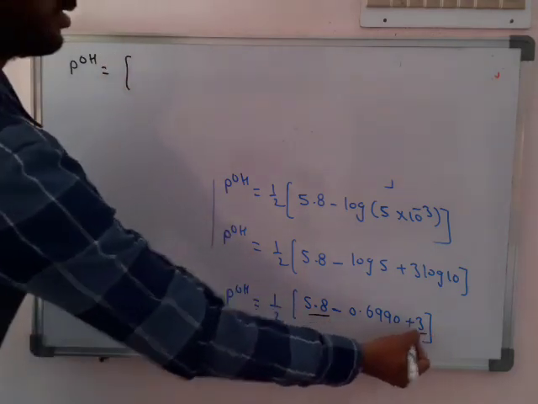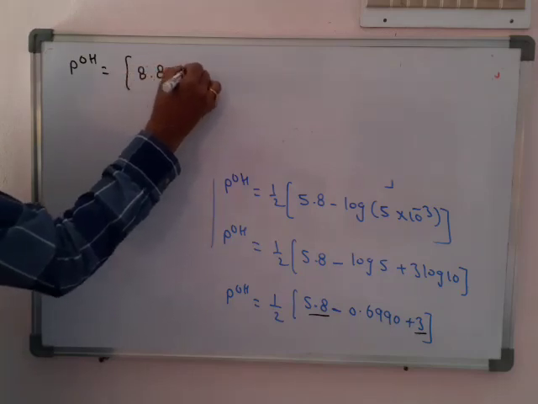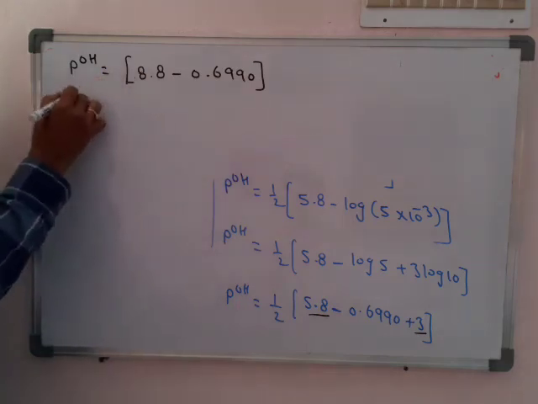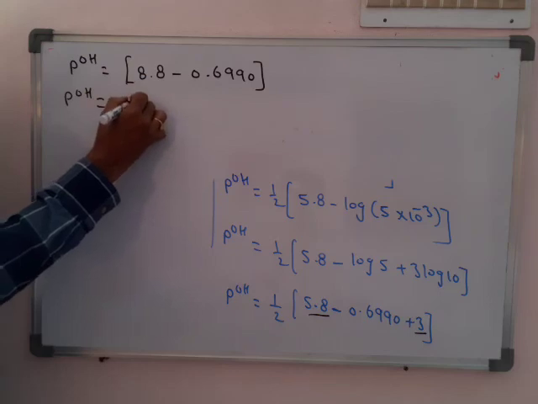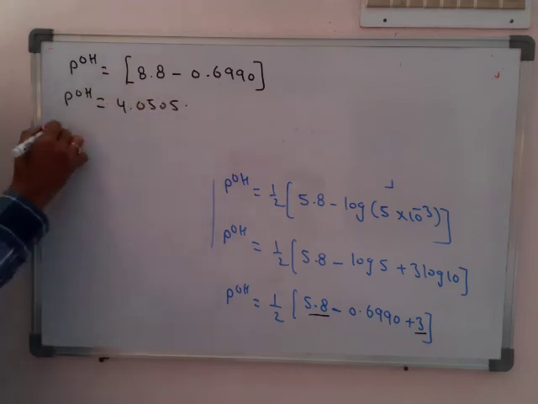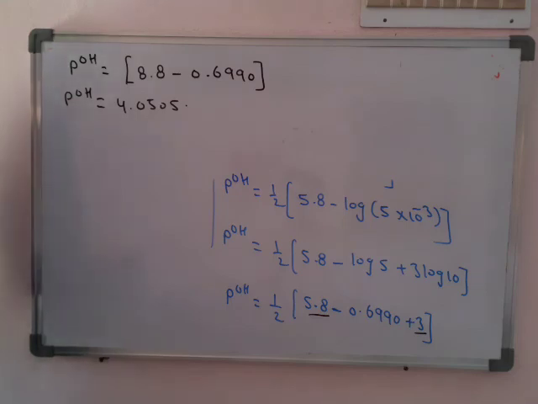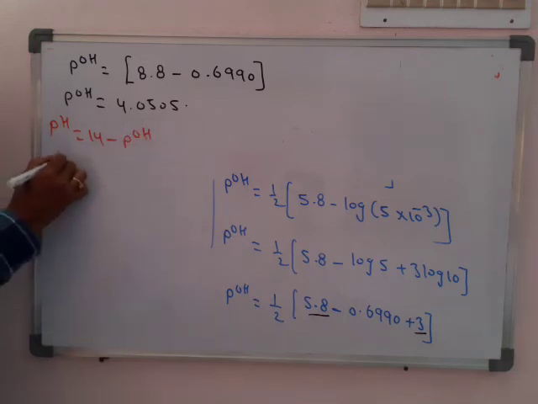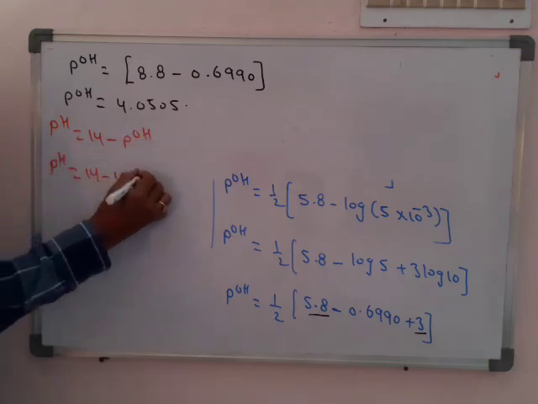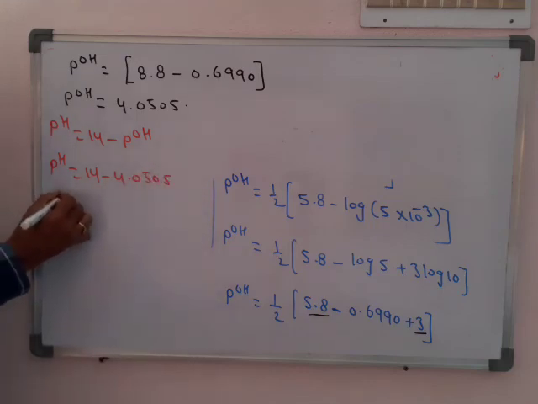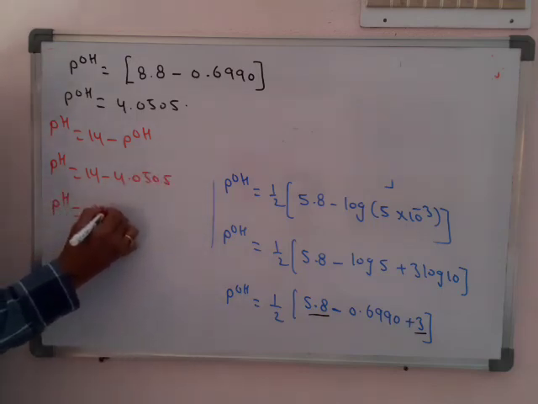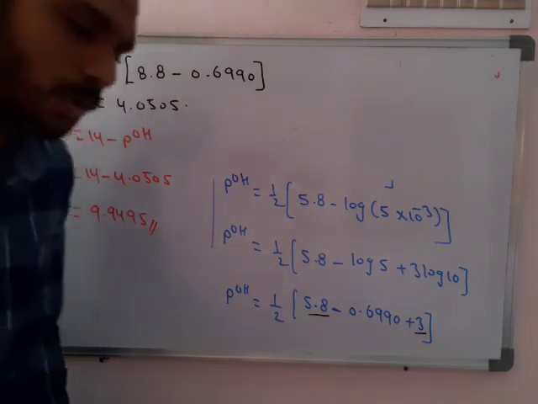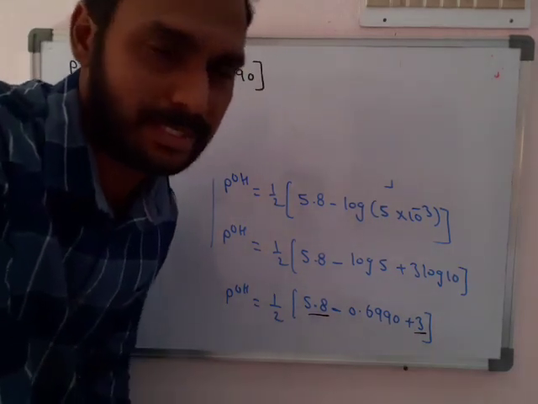So 5.83. But we have to calculate the pH. Okay, this is the pH of that codeine compound. So already we said it is a basic compound.